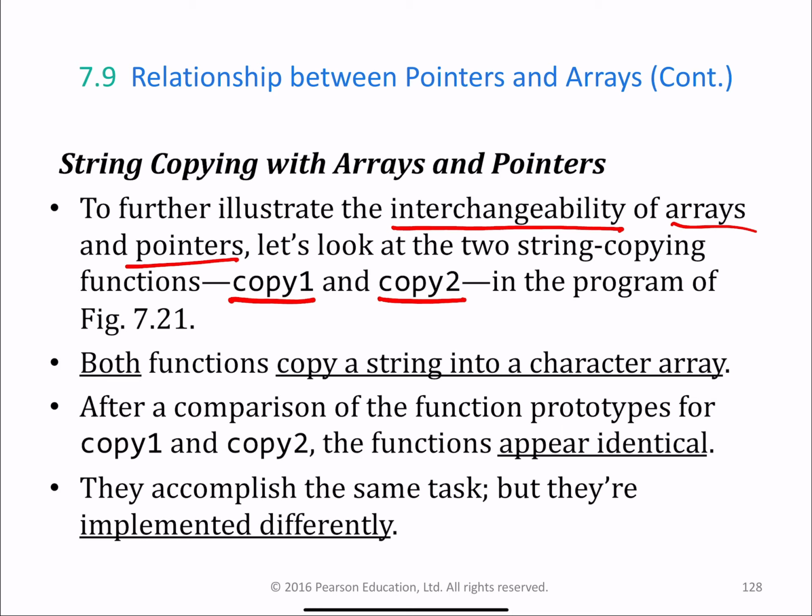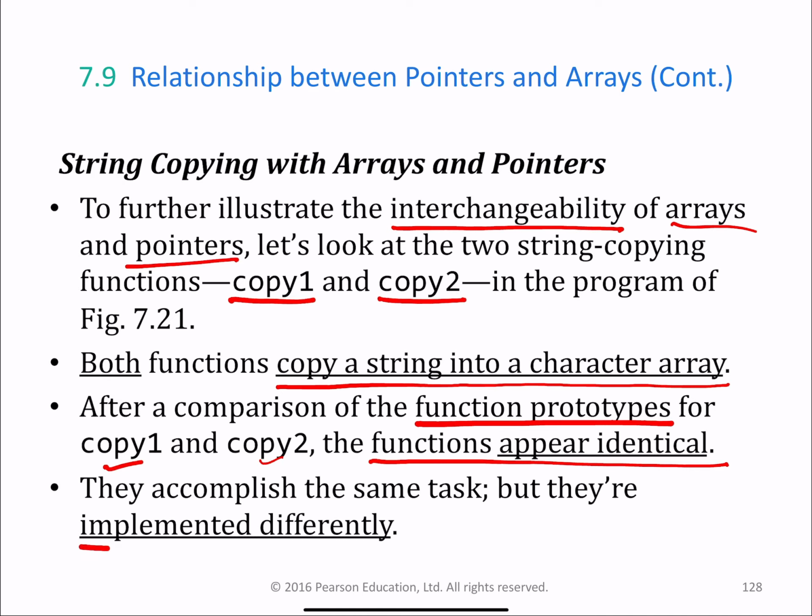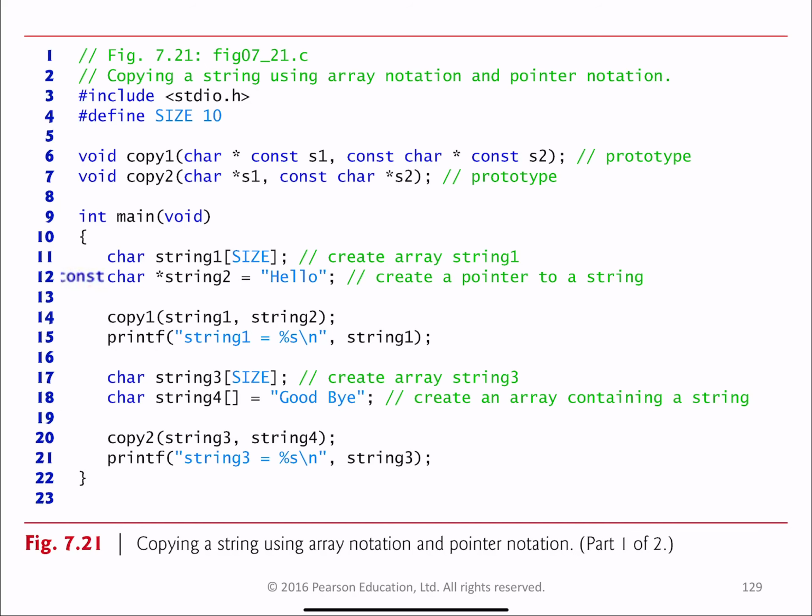Both functions copy a string into a character array. Based on just the function prototypes, the arguments and the return types, it seems like both functions are identical. They accomplish the same task and take the same arguments, but the difference is on the inside. They're implemented differently.